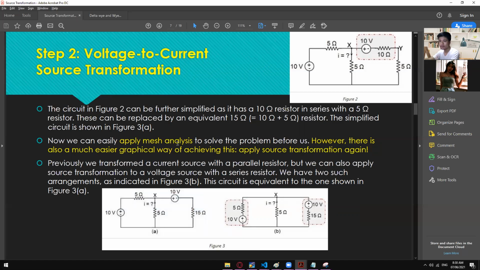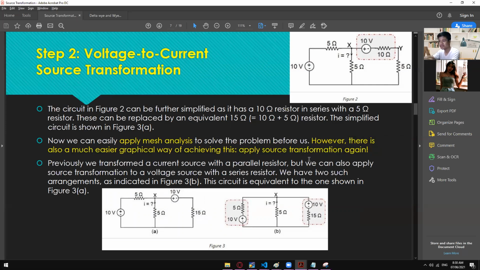Okay, so again, we can apply mesh analysis already, or KVL or KCL. However, there is also a much easier graphical way of achieving this. We will just simply apply source transformation, because that is the topic for today.